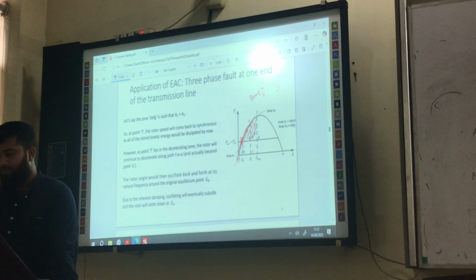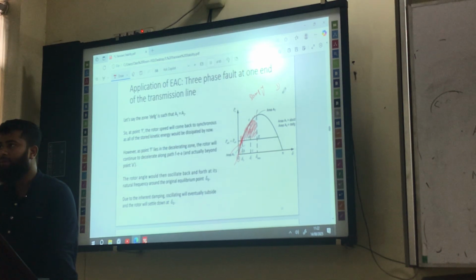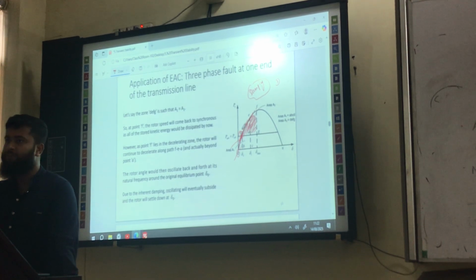This amount of decelerating area can be given by time, so there will be some decelerating energy stored in the system, and in this cycle it will be larger. If you incorporate the damping, then at some moment it will come to point A, our previous initial operation.